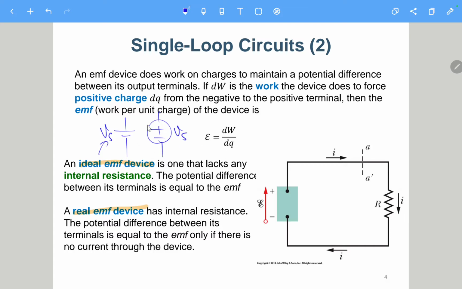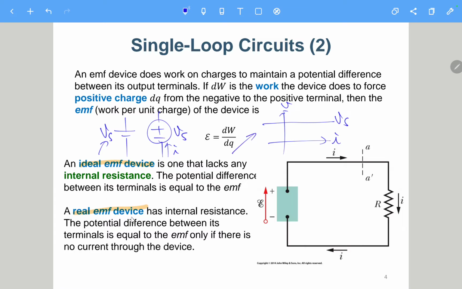For an ideal EMF, no matter what it connects to, the voltage across the EMF device doesn't change. It doesn't relate to what the current is; whether the current is positive or negative, Vs doesn't change. If we plot it, with I on one axis and V on the other, it is a flat line all the way at Vs, for the ideal device.